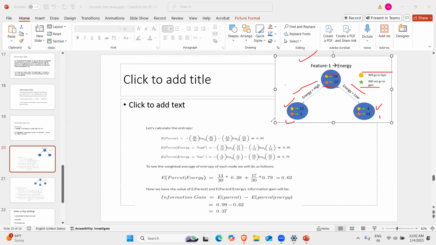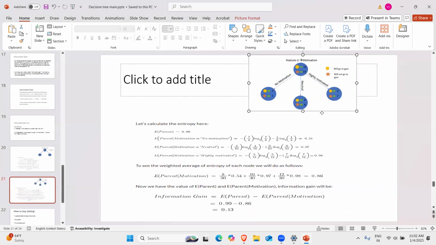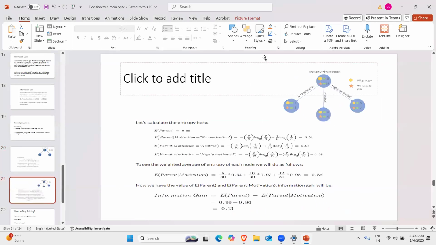What you have done now is taken the change in the entropy, that is the information gain. So you have done this calculation of entropy, given the condition, and your information gain is 0.37, that is the change in the impurity or change in the entropy, right? The second case is motivation.